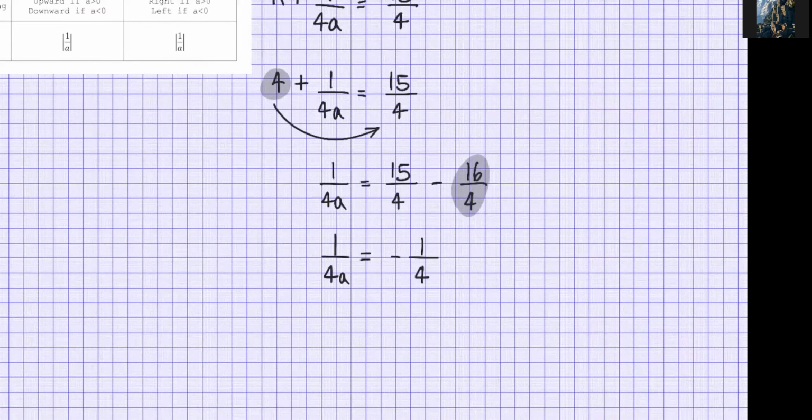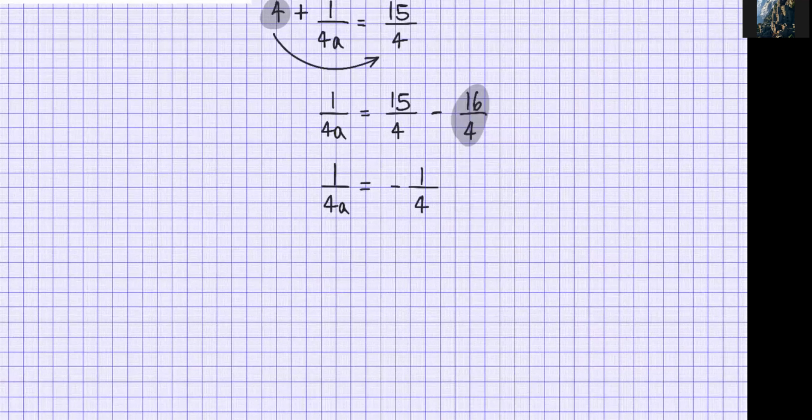So I will send this number to the other side multiplying, and I will send this number to the other side multiplying as well. And as both numerators are 1, I have that 4 equals negative 4A.